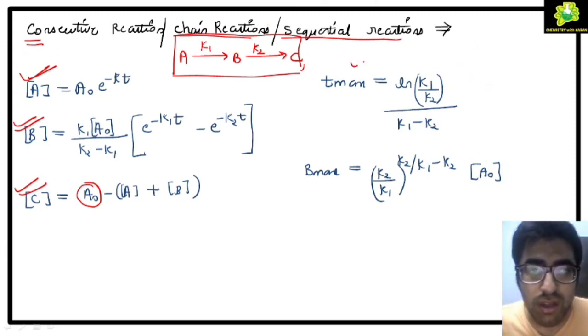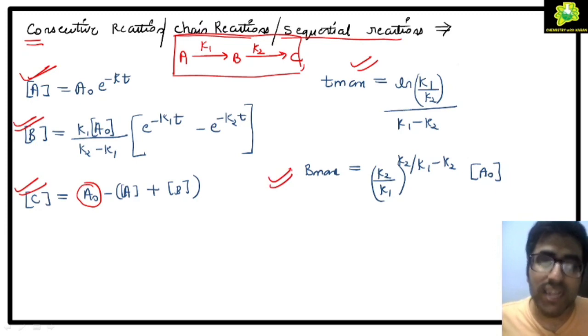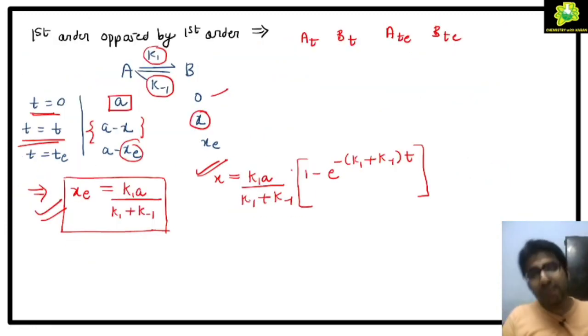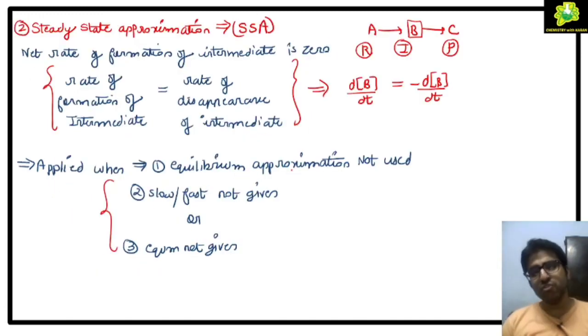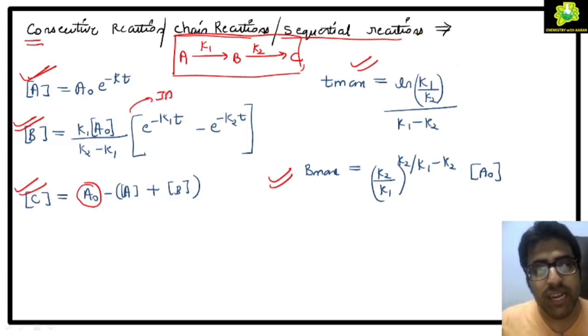So this is the formula, and the concentration of B at Tmax is known as Bmax. I know this was all formula based because I can't deal with derivations in the crash course. And this concentration of B formula came in IIT JAM 2021.